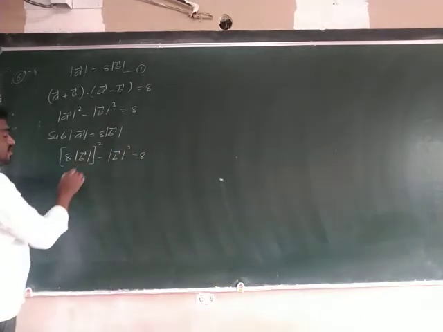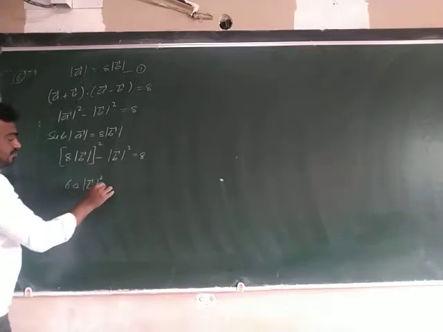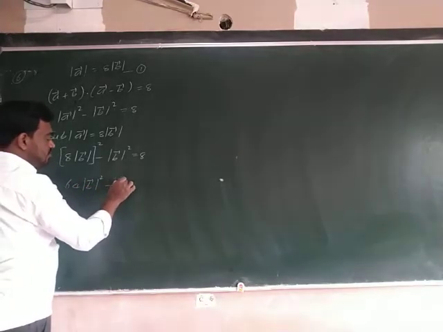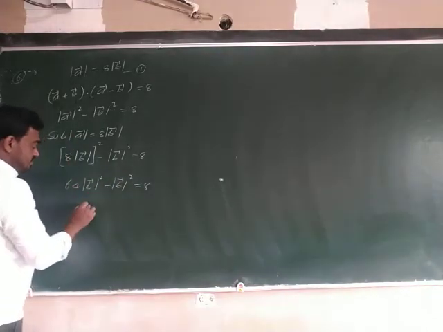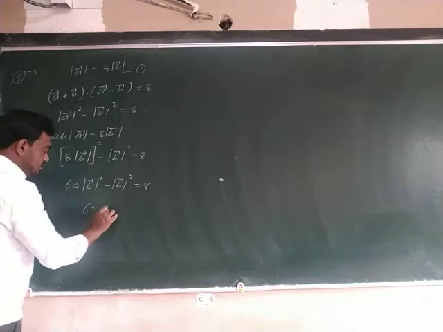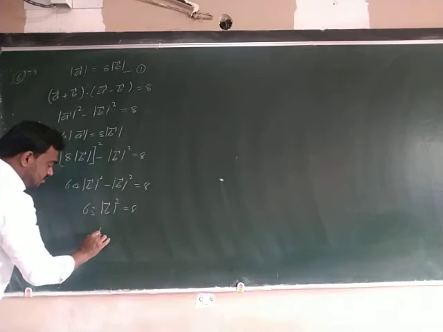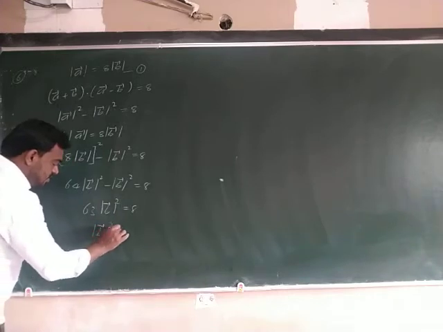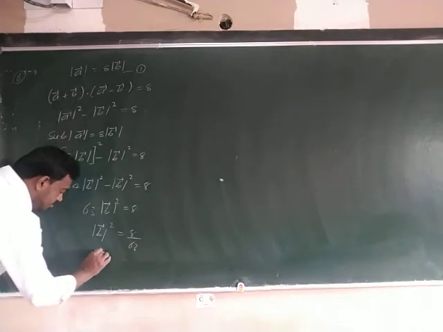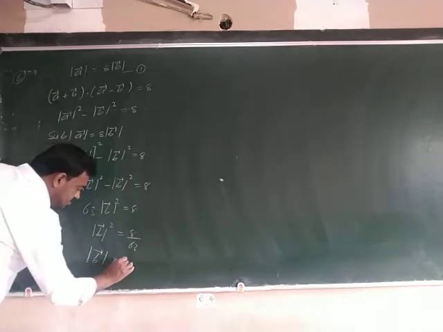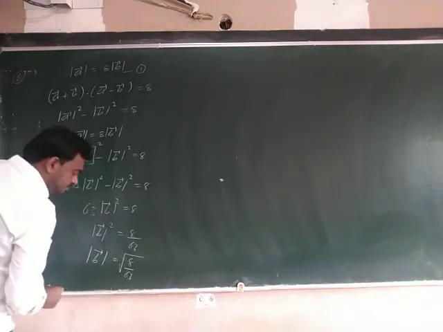So 8 square is 64. 64 times magnitude of B square minus magnitude of B square is equal to 8. 64 minus 1 means 63 into magnitude of B square is equal to 8. Magnitude of B square is equal to 8 by 63. Magnitude of B is equal to square root of 8 by 63.